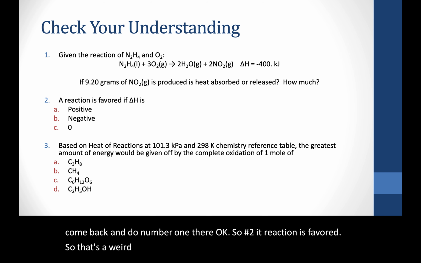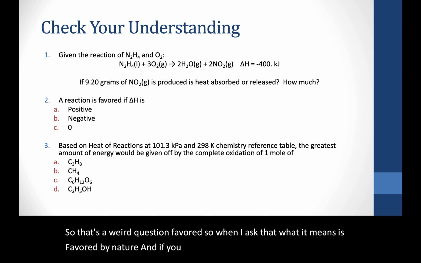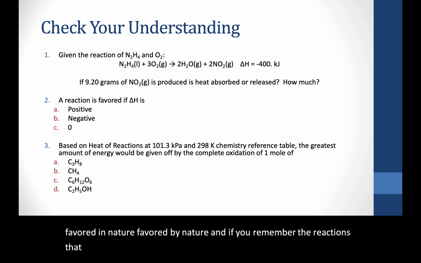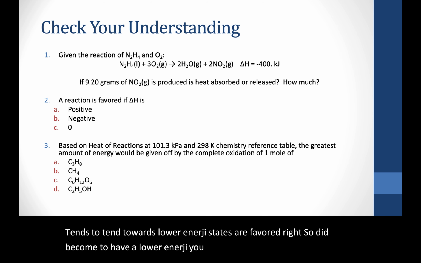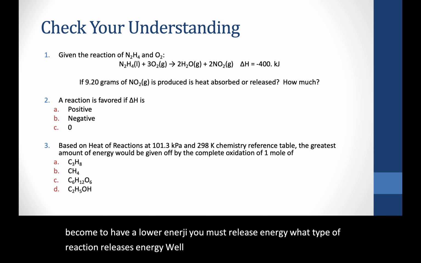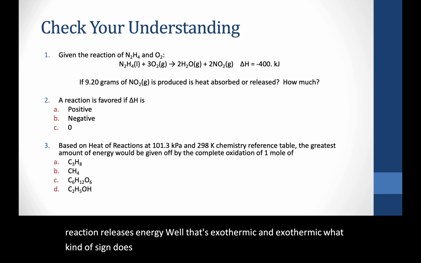When it asks that, what it means is favored in nature, favored by nature. If you remember, the reactions that tend towards lower energy states are favored. To have a lower energy, you must release energy. What type of reaction releases energy? That's exothermic. And exothermic, what kind of sign does delta H have? That's a negative delta H.